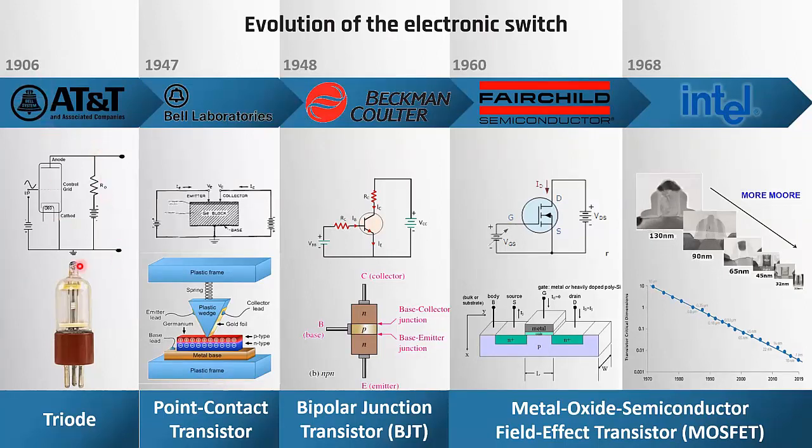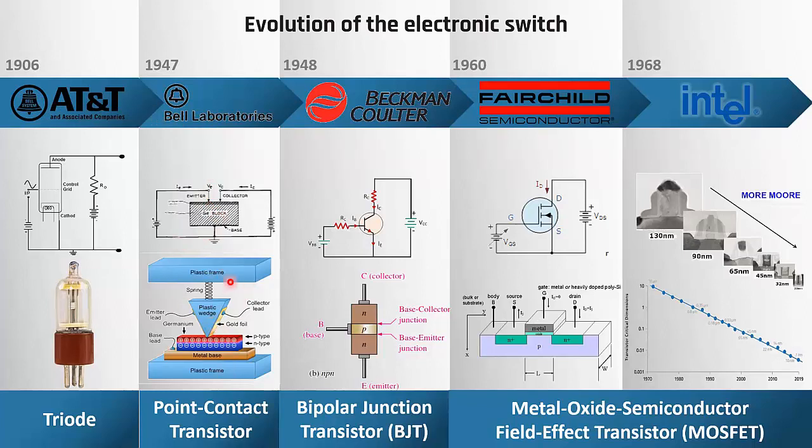So the vacuum tube was invented in the early 1900s, and the triode, which can work as an amplifier or a switch with the third electrode, because most of these things were originally diodes. But the triode was invented in 1906 at AT&T. Bell Labs is part of AT&T, by the way. Okay.